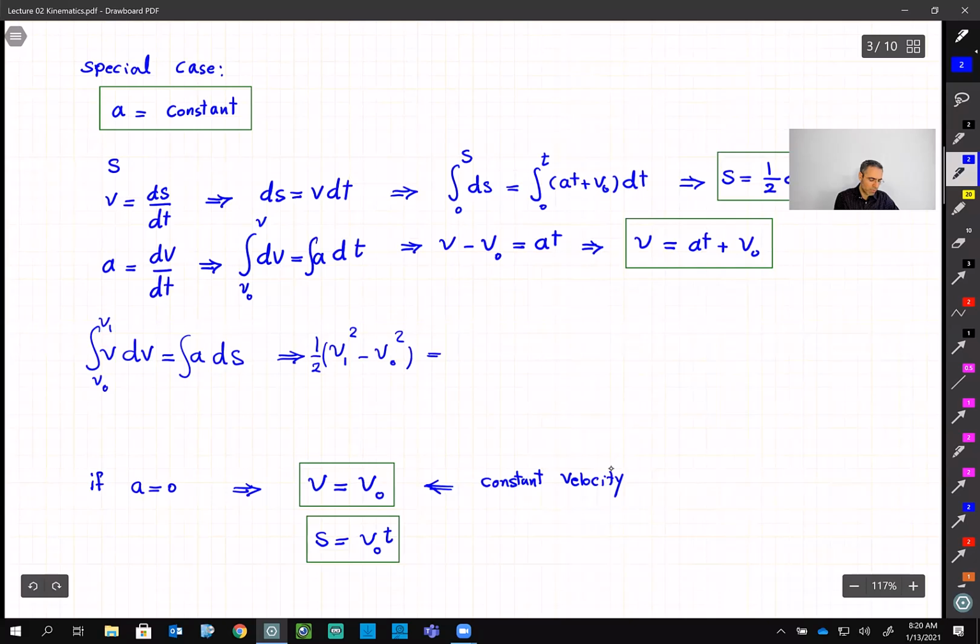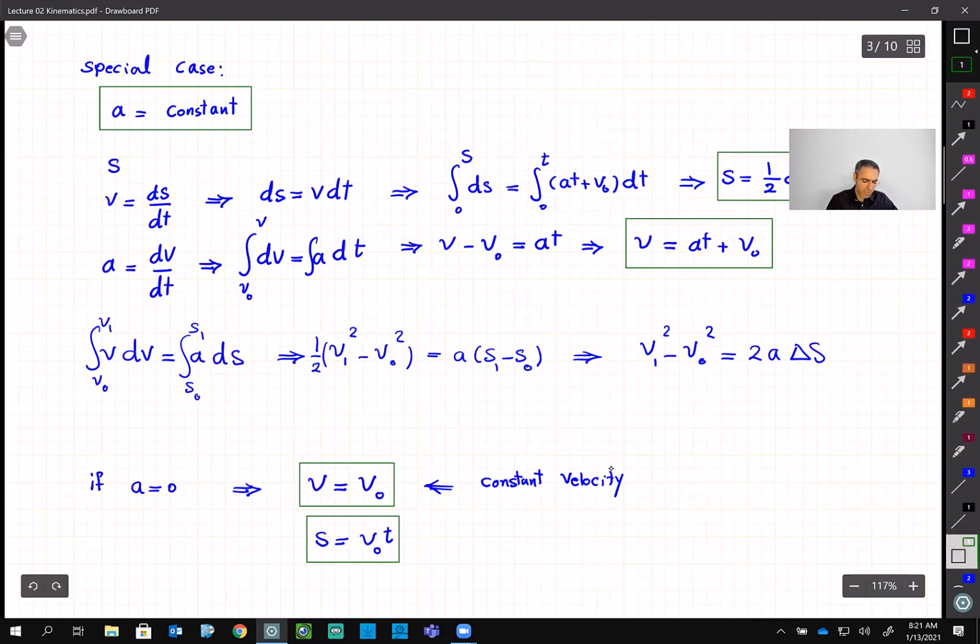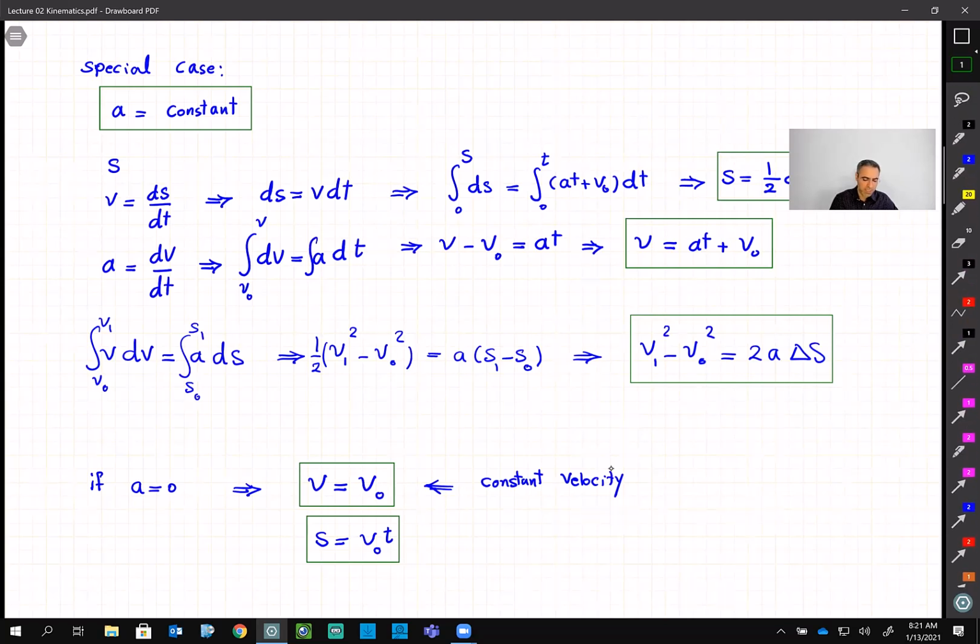It's equal to a, and let's say we start from S0 and we get to S1, a special case. So here S1 minus S0. If I simplify this formula, I will get V1 squared minus V0 squared is equal to 2a delta S. So this formula, in fact, tells me if I have the initial velocity, if I have the second velocity, and if I have the acceleration, I can figure out the distance that this particle or whatever has traveled. So I can find out delta S, right?